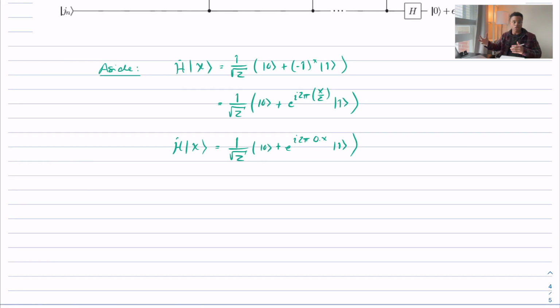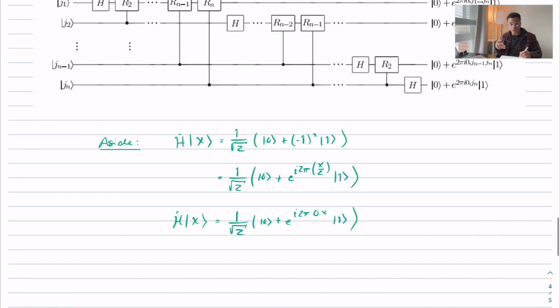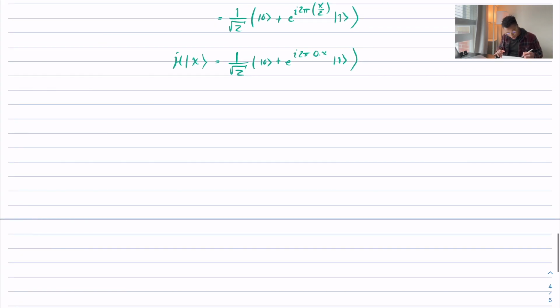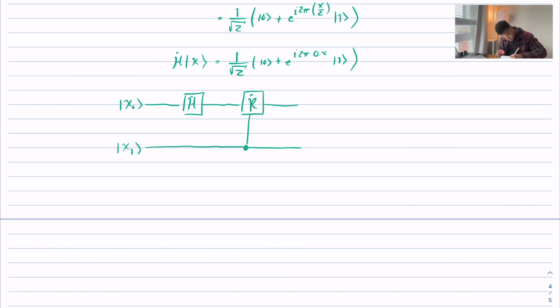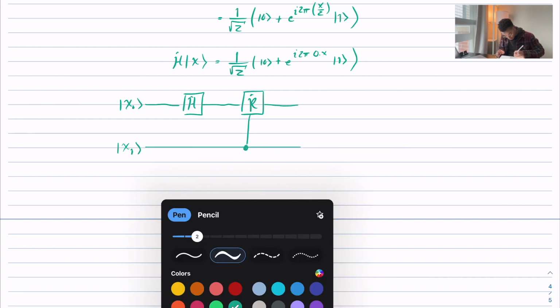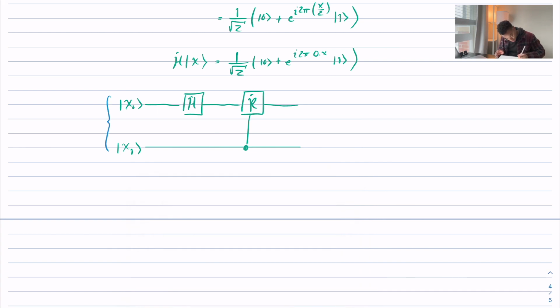But now let's go a little bit further to a 2 qubit state and actually look at what this controlled rotation does. So if I were to write out a 2-qubit circuit, do the first component here, and let's say that I denote the input state this way.